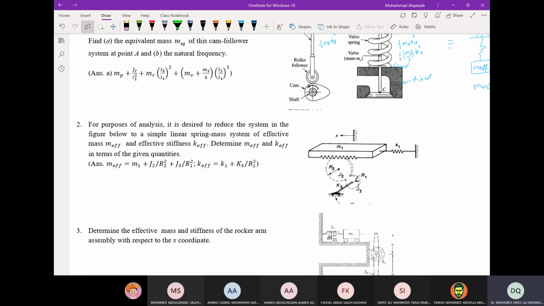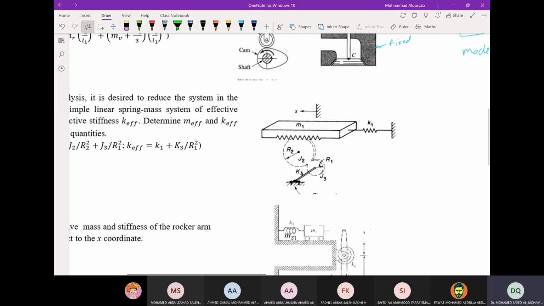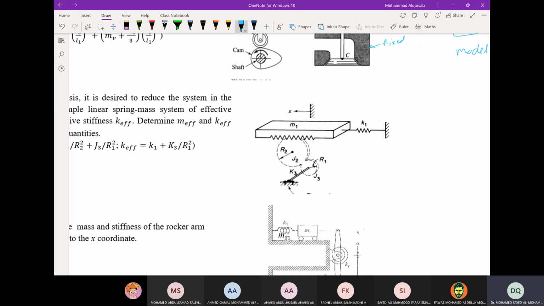In question 2, we have the mass. This is a rocker arm. This is a rack, and here are 2 gears in mesh. So the rack is moving with x, and let's say this is moving with theta 2, and this is moving with theta 3.